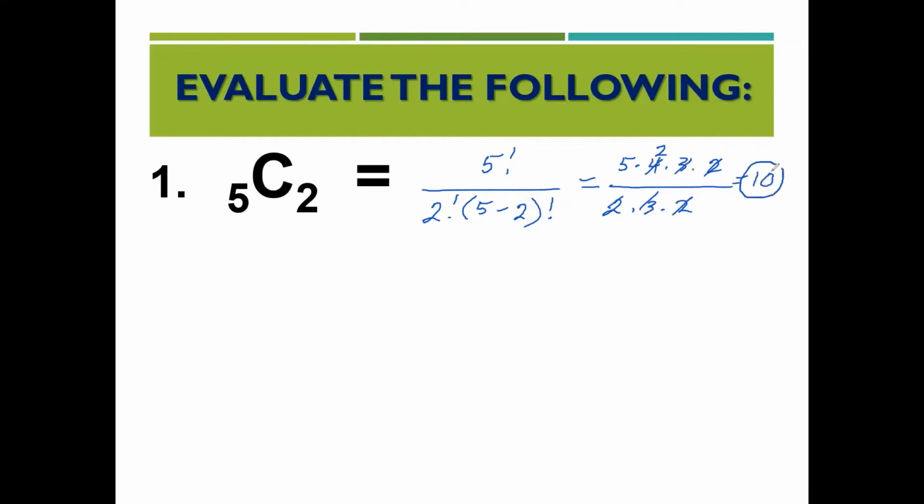So let's see if you'll get the same using a calculator. Get your calculator. Press 5. Press shift, the key on the upper left side. Then look for the division sign.